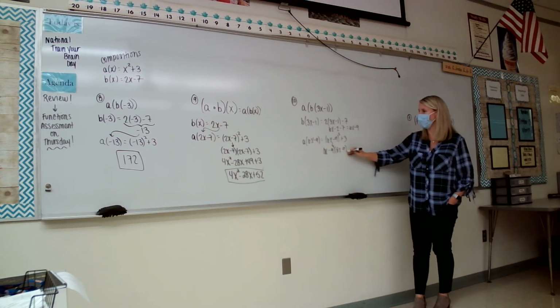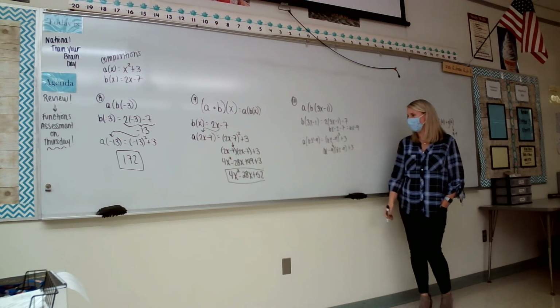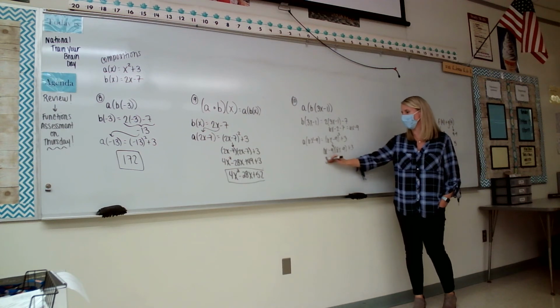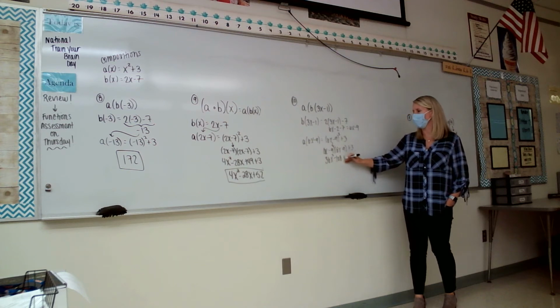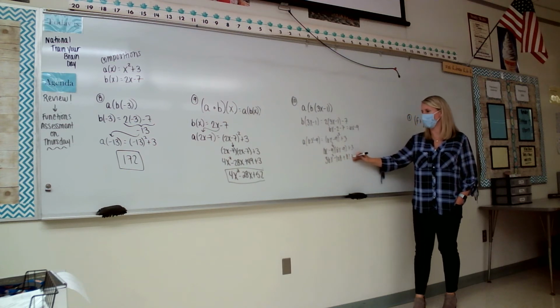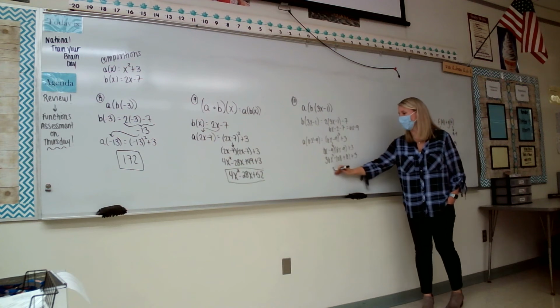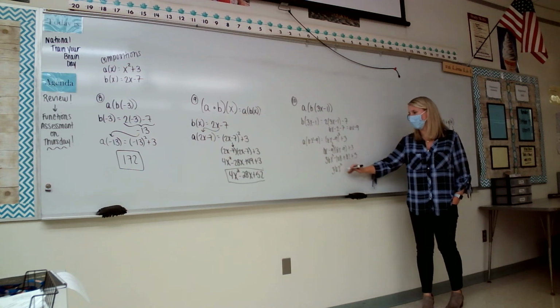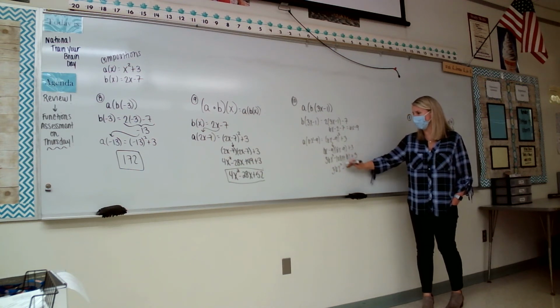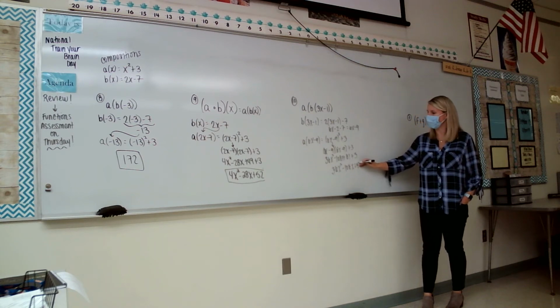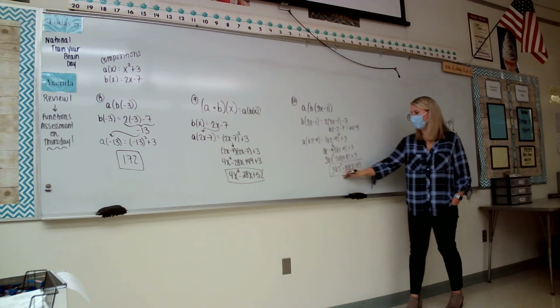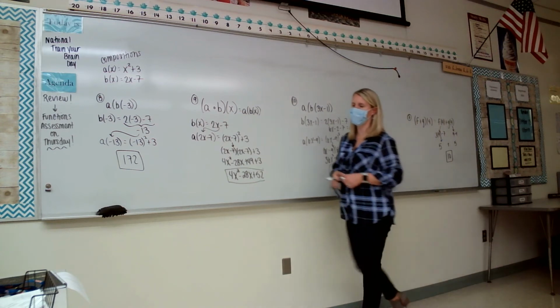So that would give us 36x squared, minus 108x plus 81, plus 3 for a final answer of 36x squared minus 108x plus 84. This should have an x with it, sorry. So can you do a quick check of that and see if you were on the right track?